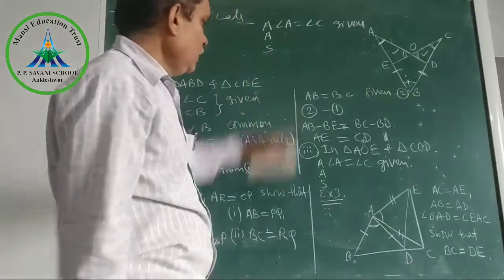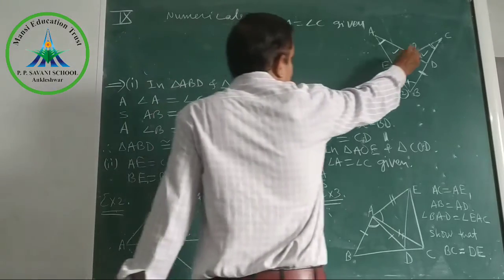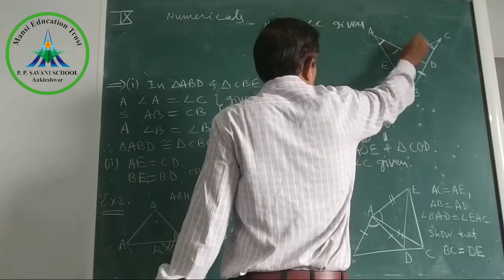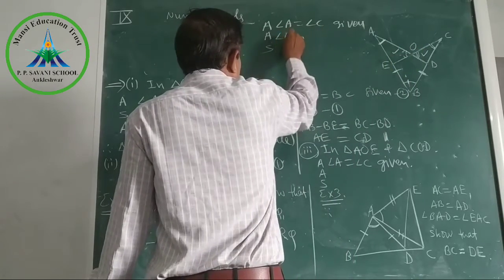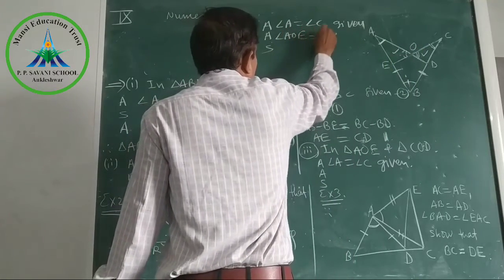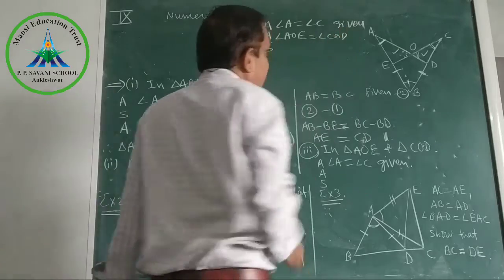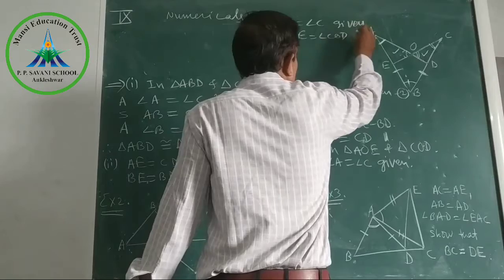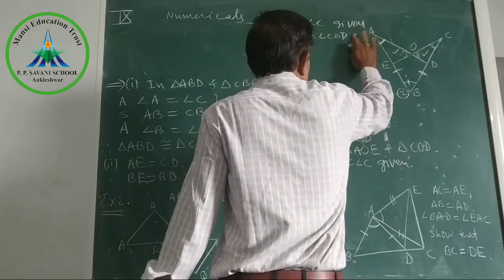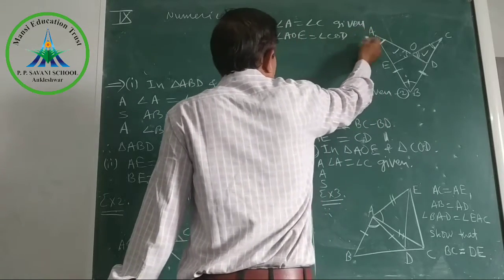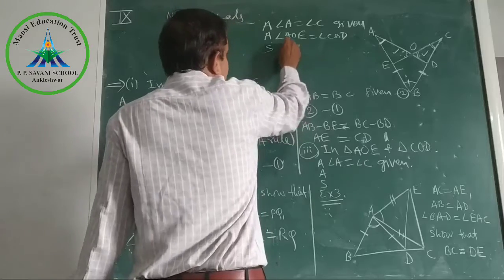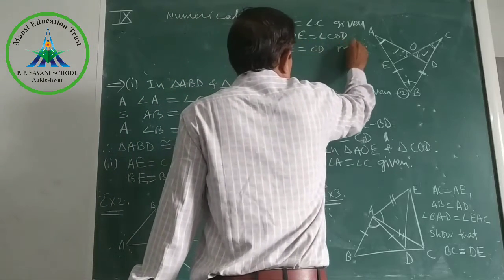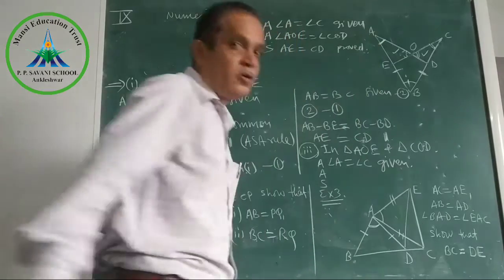Okay? Second angle, I am numbering 2, angle AOE equal to angle COD, vertically opposite angles. And what is side? AE equal to CD, true.